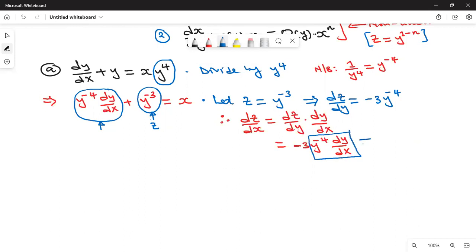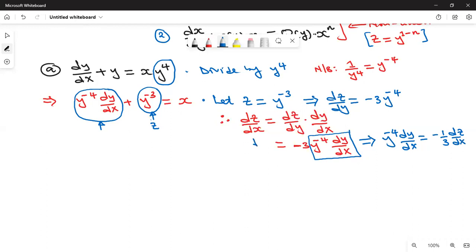So from here, it simply means that y raised to negative 4 times dy/dx is the same as negative 1 over 3 times dz/dx. Somebody might be wondering, where am I getting negative 1 over 3?